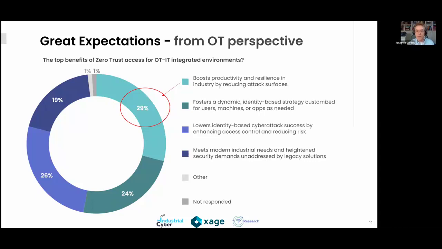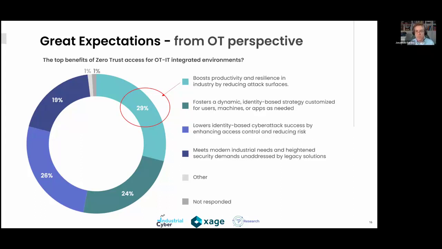Oftentimes we forget that these people in the plants, the automation engineers, the plant managers, the control system folks, are often the users of these systems. So they're not always technical, and definitely not cybersecurity experts or even IT experts. And they're trying to do something that's not related to cybersecurity. They're trying to do their role.